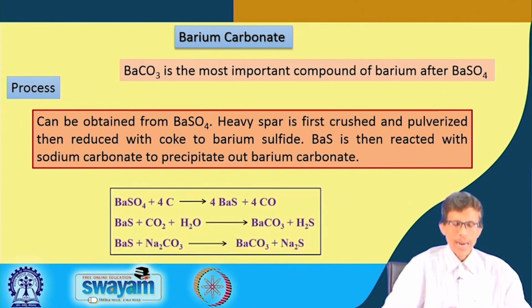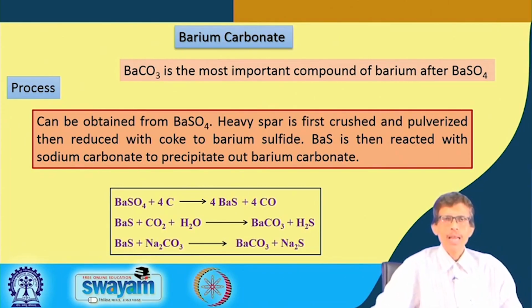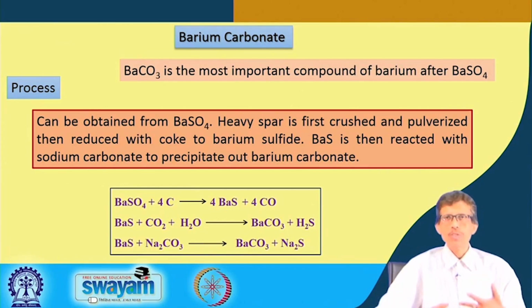So, we can handle three industrially important chemical reactions on a large scale. The first step immediately gives you barium sulphide through carbon reduction, and that barium sulphide is converted to barium carbonate by two different processes.